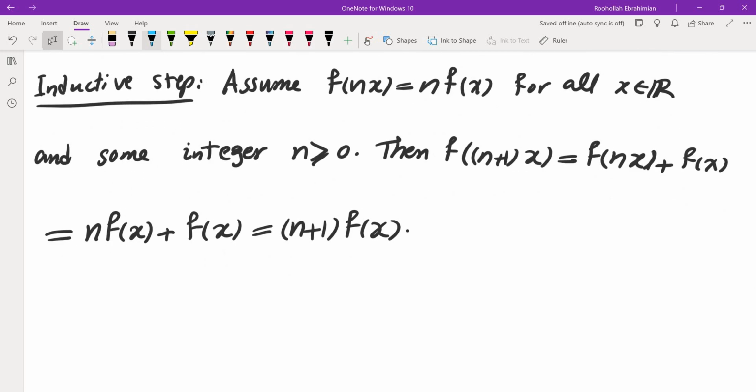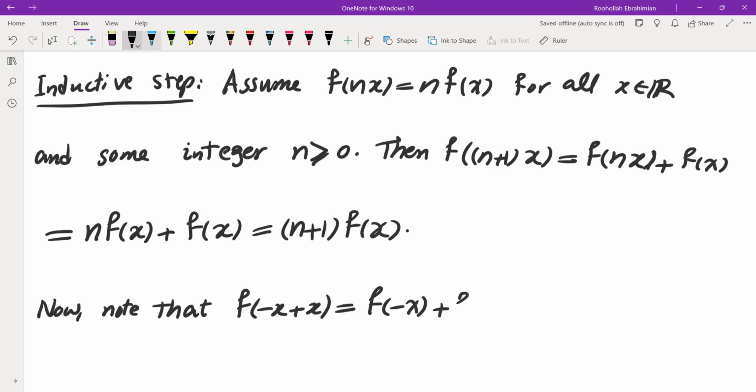Now we're going to look at negative numbers. Now note that f of negative x plus x is equal to f of negative x plus f of x. Okay, f of 0 is 0, so this is 0 equals f of negative x plus f of x.